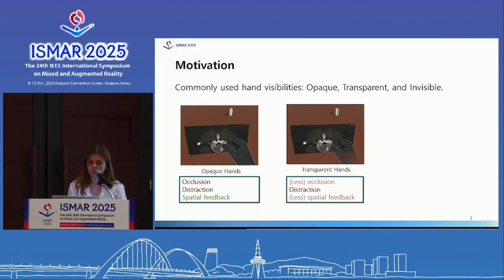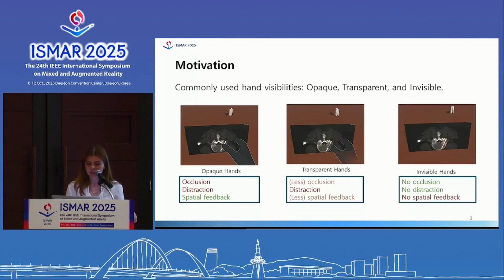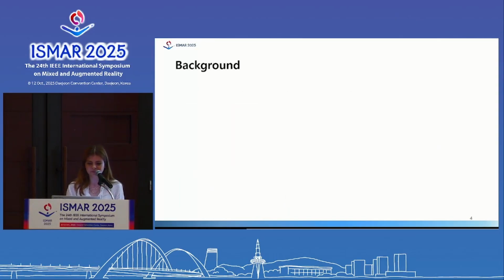Transparent hands provide pass-through, so you can see your hands and the object, but still can cause distraction as they partially occlude the object. And invisible hands fully eliminate the occlusion, but this time users lose their spatial feedback about their hand positions. So for precise tasks that require higher precision, we should consider new hand visibilities.